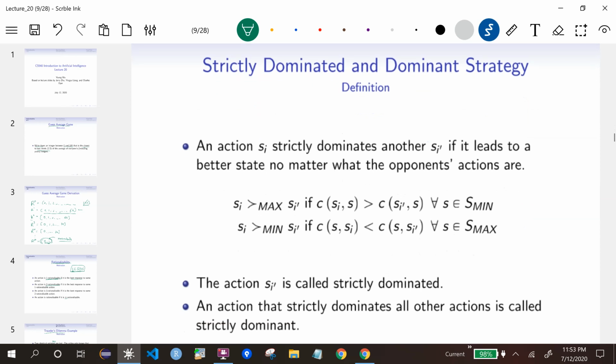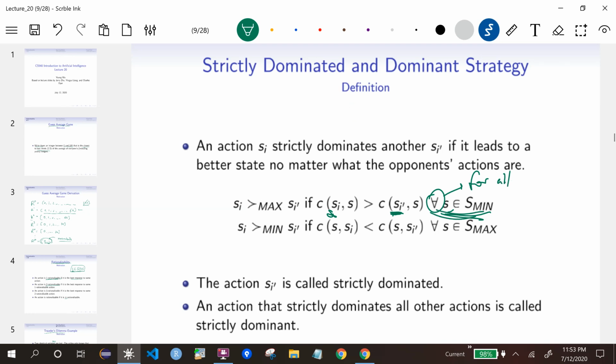And also the definition of strictly dominated is just as intuitive. One action is strictly dominated if that action is worse in all cases. No matter what the other guy is doing, I always prefer another action compared to this action, then this action is strictly dominated. So let me repeat this. There's a "for all" here.